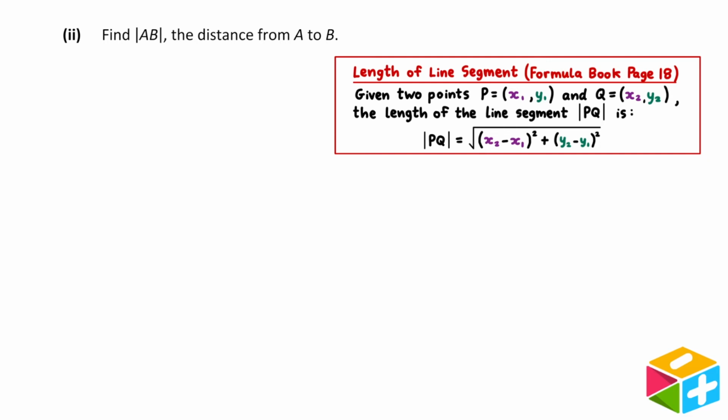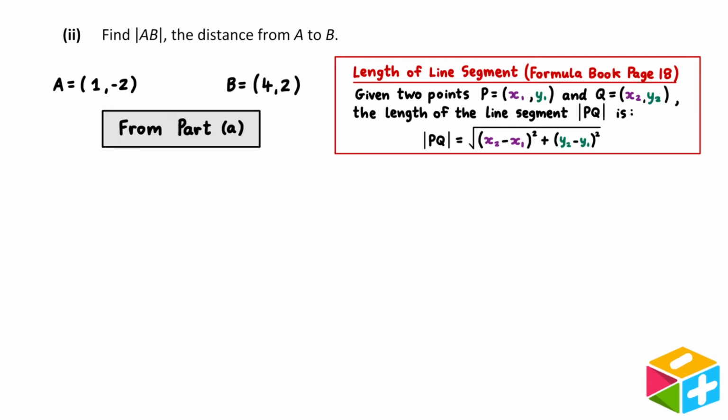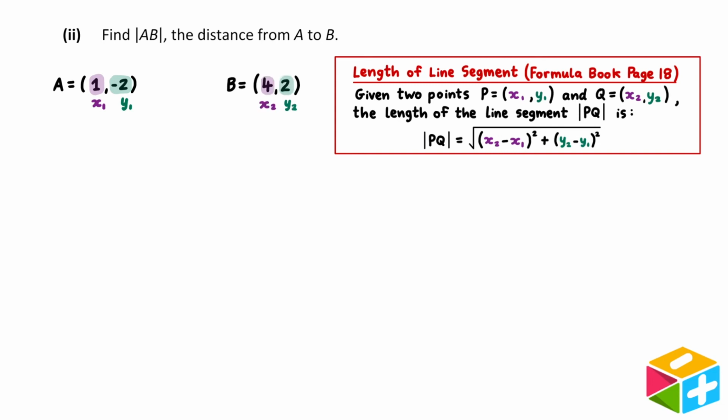We want the length of the line segment from A to B. The coordinates of these points were found earlier in the question. A is equal to 1, -2, and B is equal to 4, 2. To use our formula, we should label our first point, A, with x1, y1, and we should label our second point, B, with x2, y2.